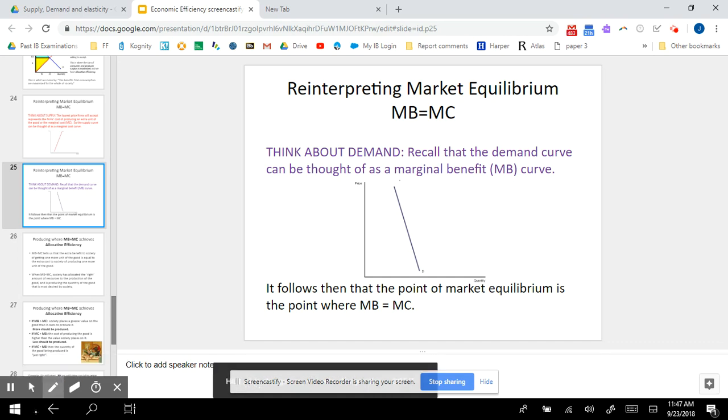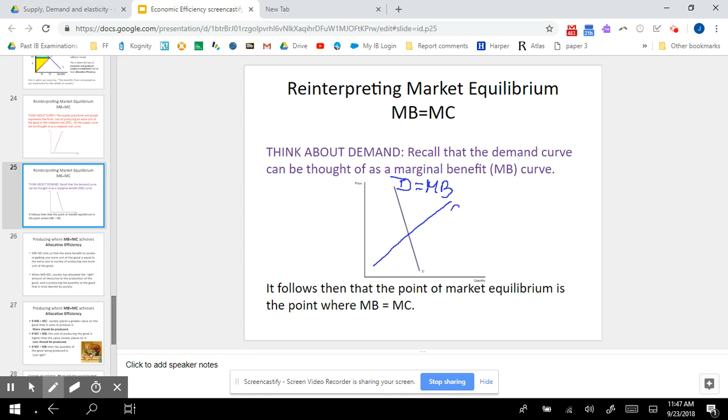So if we have demand equals marginal benefit, and we bring in supply equals marginal cost, let's move the demand down here. Demand equals marginal benefit. Then at the point of equilibrium, we have marginal cost equals marginal benefit.